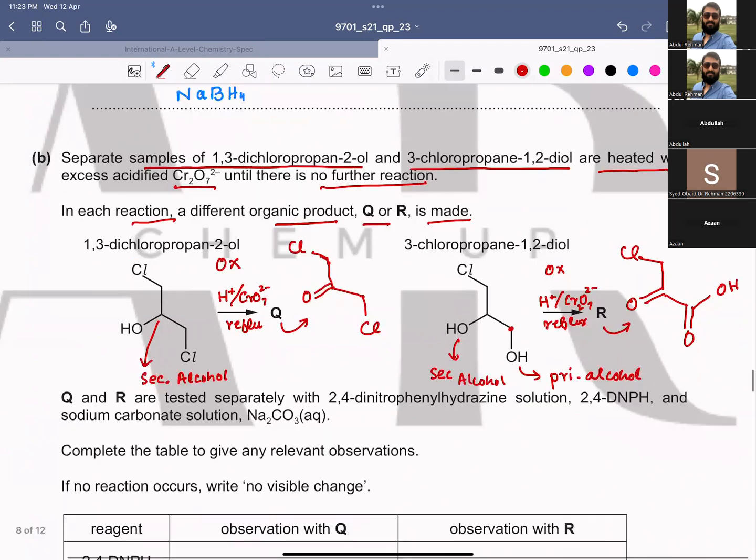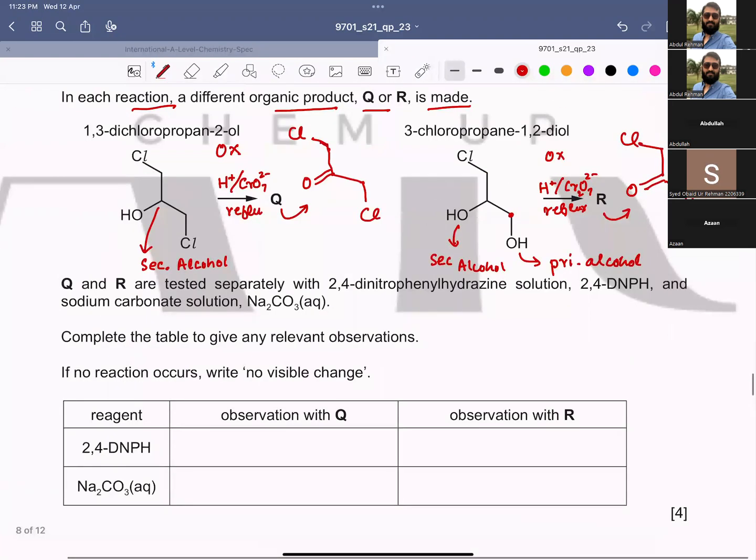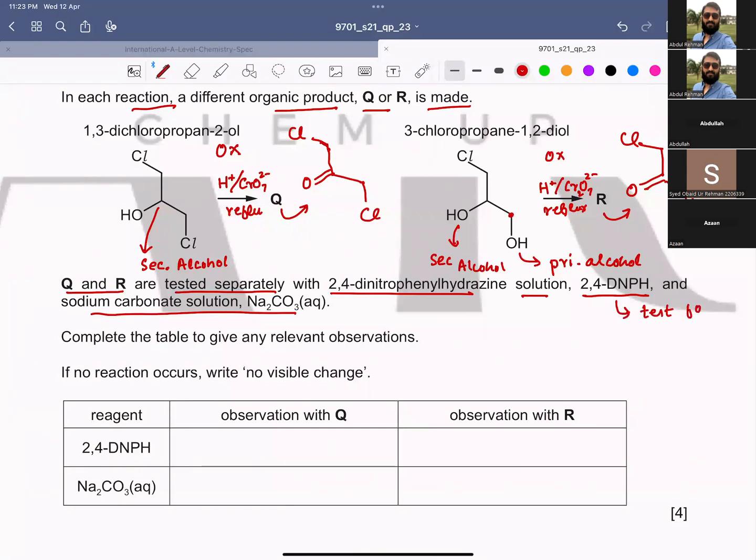Okay. Now what they are saying is, Q and R are tested separately with 2,4-dinitrophenylhydrazine solution, that is 2,4-DNPH, and sodium carbonate solution. Let me remind you, 2,4-DNPH is the test for carbonyl, and when I say carbonyl, it means we are referring to either an aldehyde or a ketone.